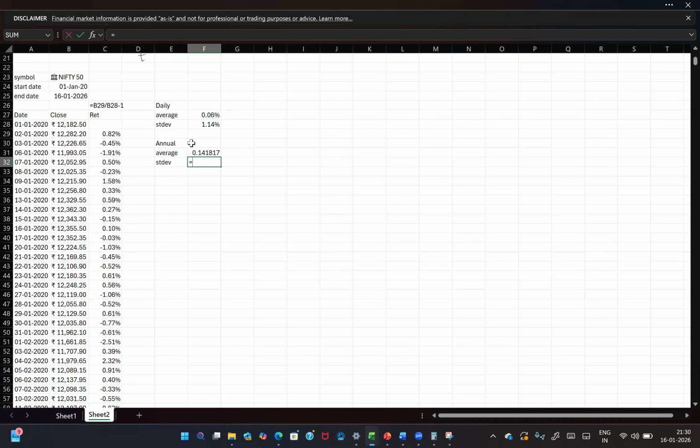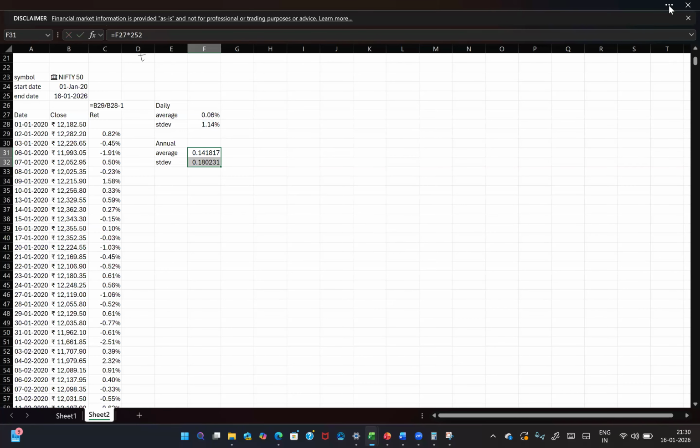And the standard deviation will be the daily standard deviation multiplied by the square root of time, which is 252 trading days we assume in a year.